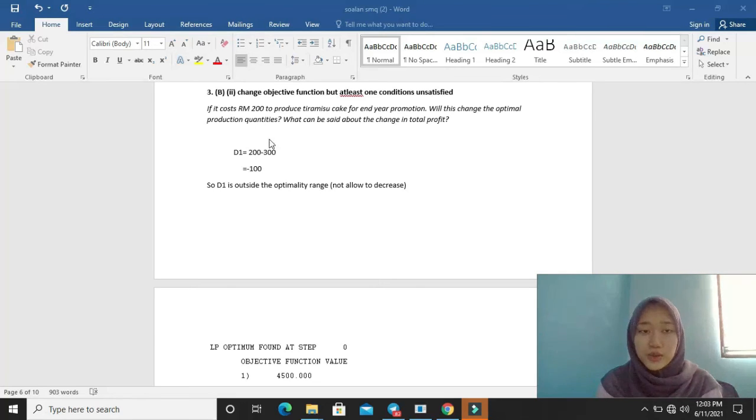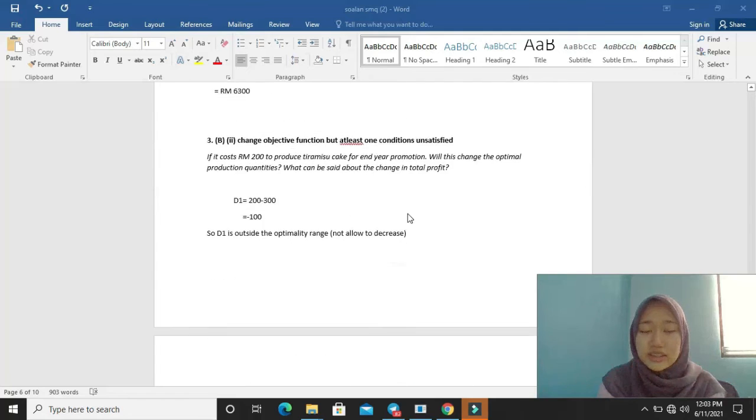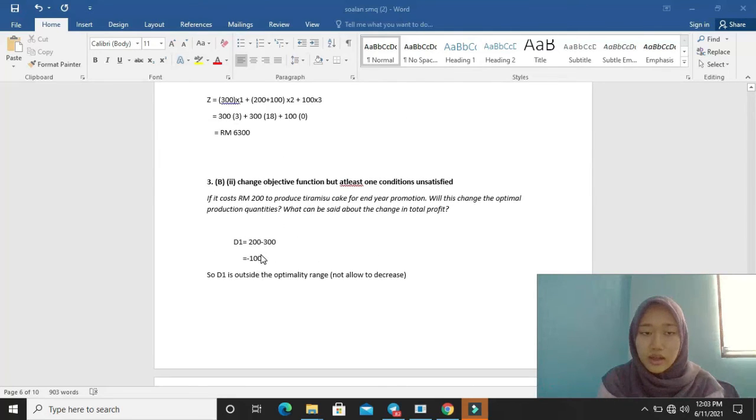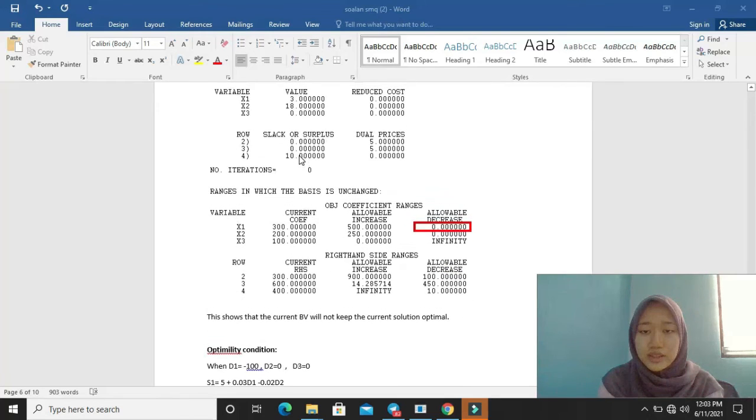Okay, so we know that the initial cost is 300 ringgit. So we need to find the increase or decrease. So 200 minus 300 and we obtain the value of D1 is negative 100. So we need to check the decrease of tiramisu that we obtain in Lindo.